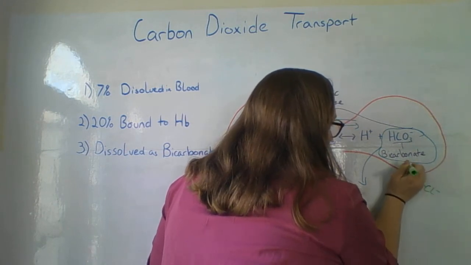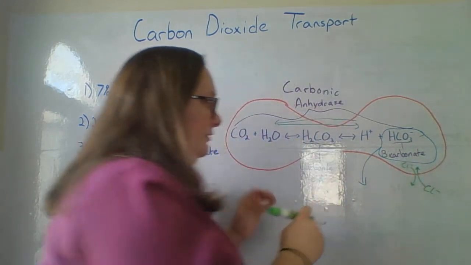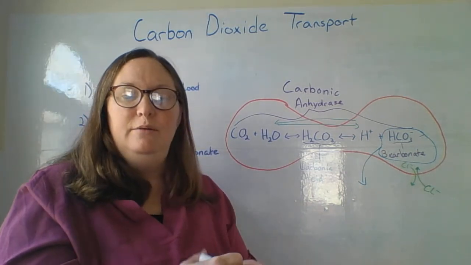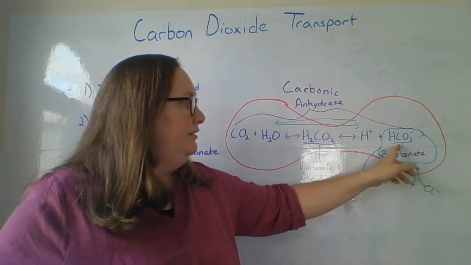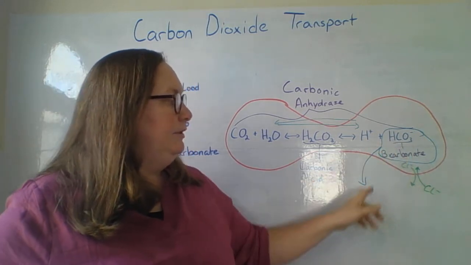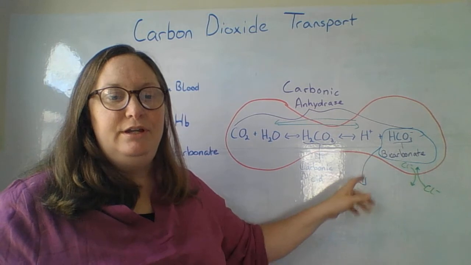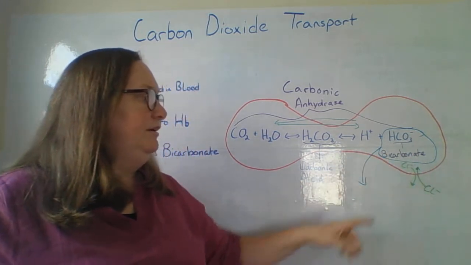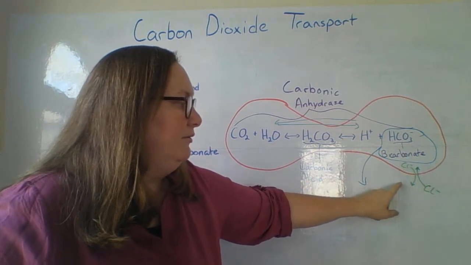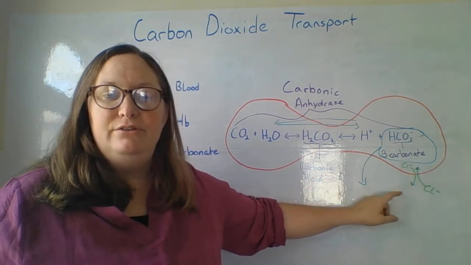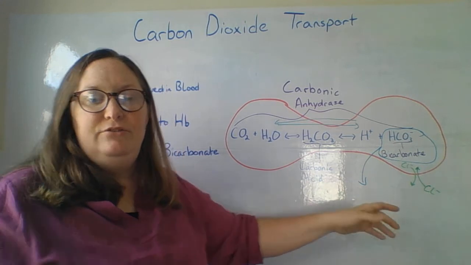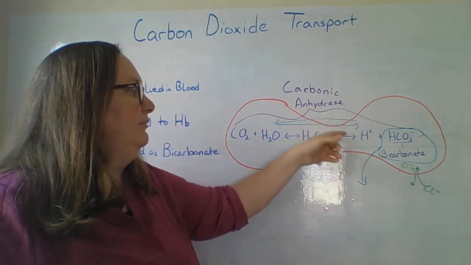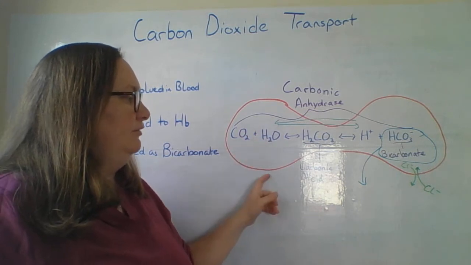How about chloride? So we have chloride in our plasma, and when the bicarbonate comes out into the plasma, it has a negative charge, but the negatively charged chloride goes in. Now look at this, the chloride can come back out. Because what about when we get to the lungs? We need to transform that back to carbon dioxide, right? So we have carbonic anhydrase going this direction.